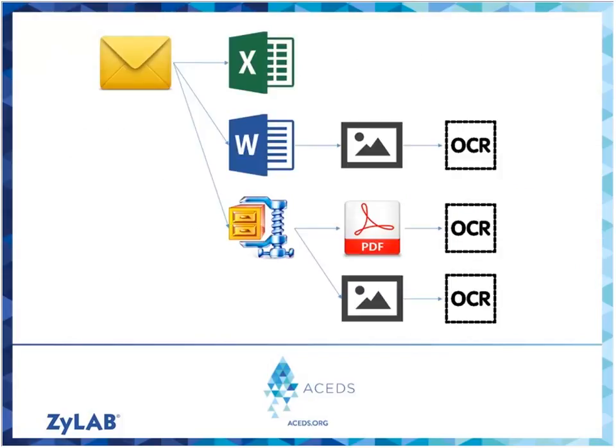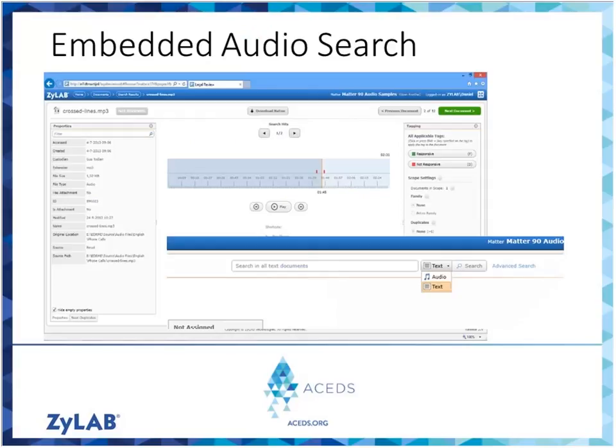But this is how it looks. So if you have an email with an Excel file or a zip file with a PDF or some kind of strange bitmap, we'll make it searchable, and we also keep the document families together in email trails, so you keep the full overview.